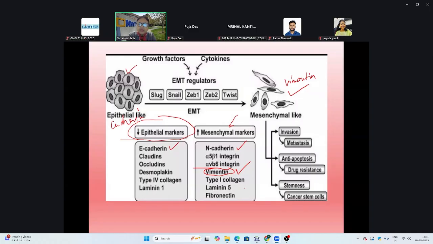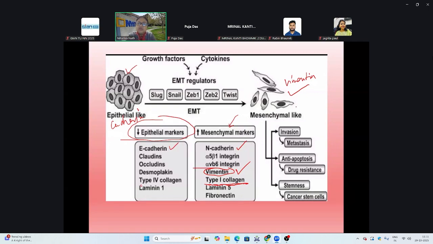And some of the mesenchymal is that there is still collagen. Look at this. There is still collagen, but it is type 1 collagen. Type 1 collagen, but in epithelial, they have type 4 collagen. So type 4 collagen helps make a sheet and crisscross and is very tight. Okay. And type 1 collagen is a little bit loose and it is more forgiving.